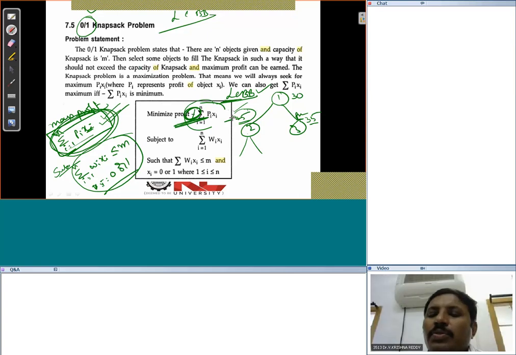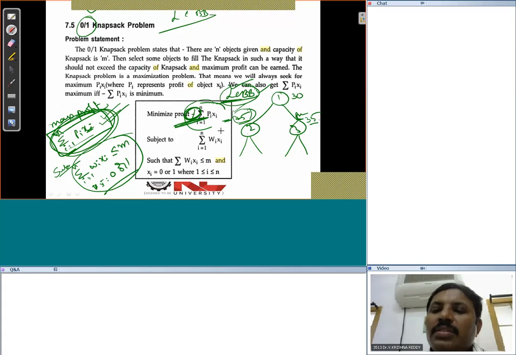So out of minus 25 and minus 35, what is the least cost value? Minus 35. That always reaches our expectation. Forgetting the minus, 35 is selected. Out of 25 and 35, we want to select 35, the maximum value, but the logic we are using is LCBB, that's why I simply add a minus sign to the result.